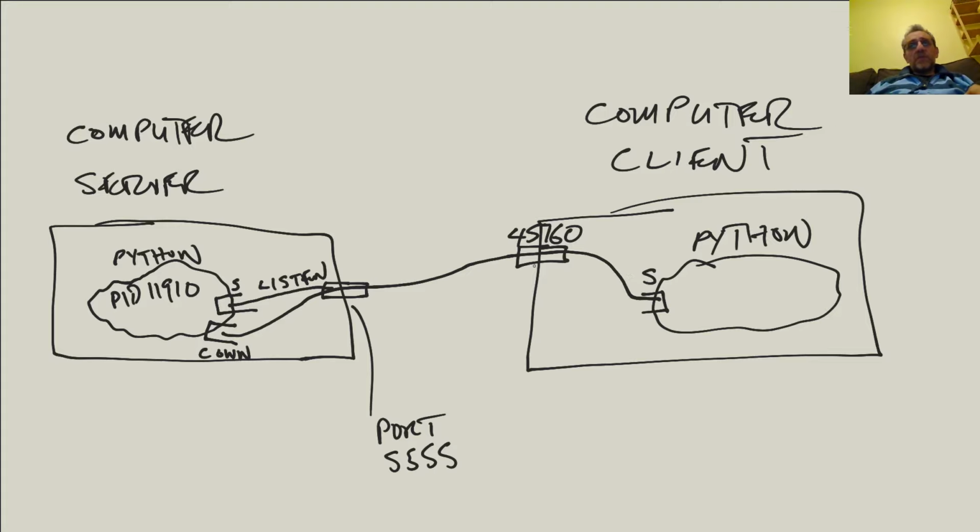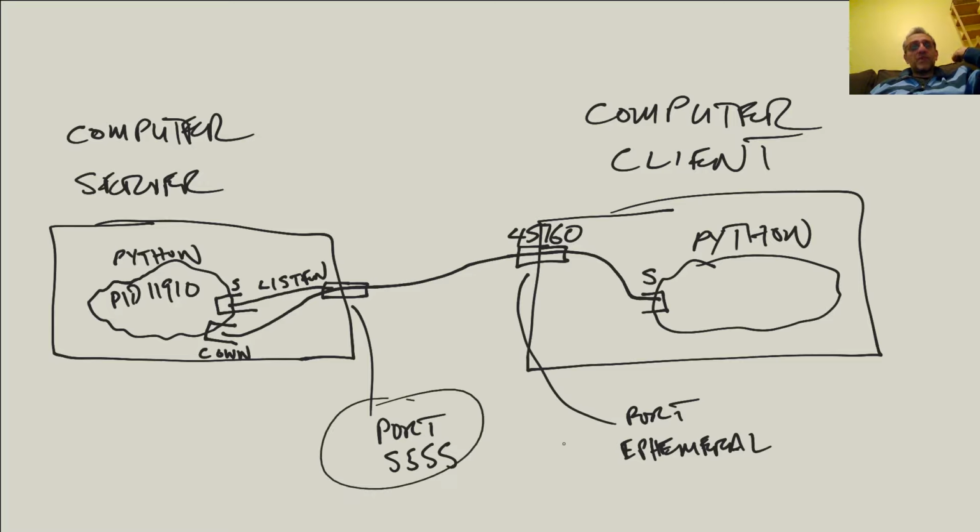On this computer, we didn't pick this port. This is called an ephemeral port. That's picked by the operating system, not by the programmer. It's a high port. Okay? The one we pick is this one for the server to listen on, to accept.